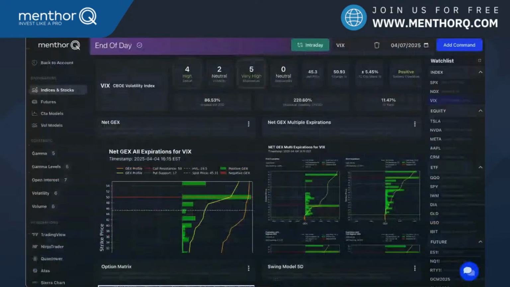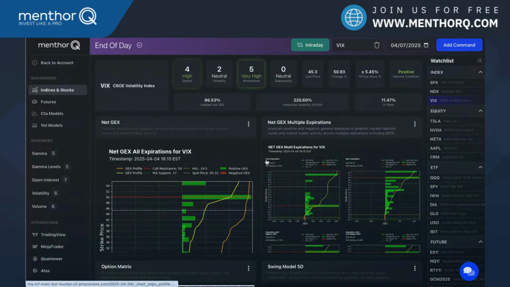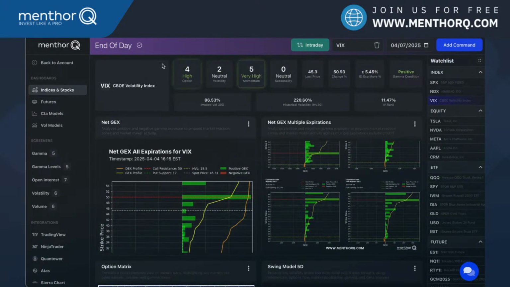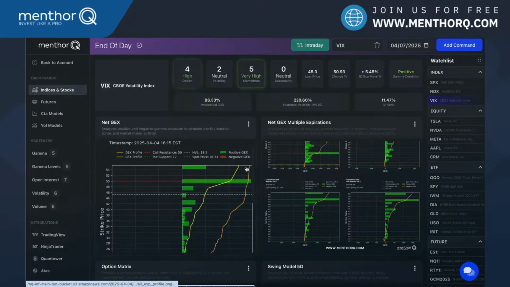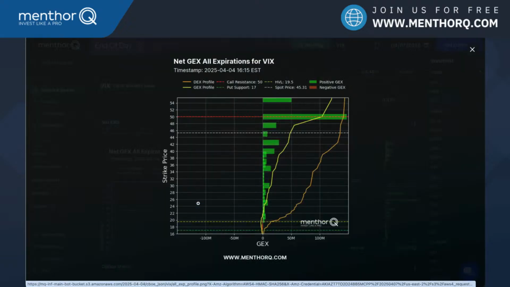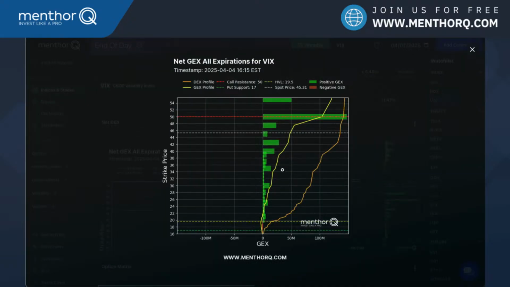The most important part is first to go on the dashboard and look at the Q score on the VIX, the option activity on the VIX, and then some other correlative stuff. What you see here is that the option activity on the VIX is very high. We see a lot of positive positioning. This is negative for the market and positive for the price of the VIX, and we see a big call resistance at 50.